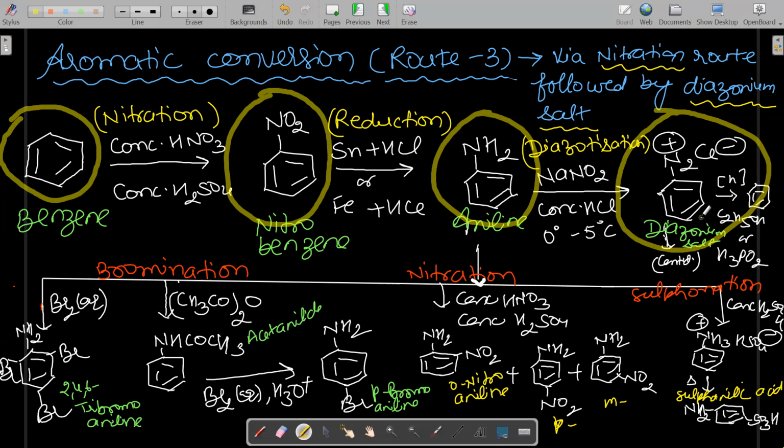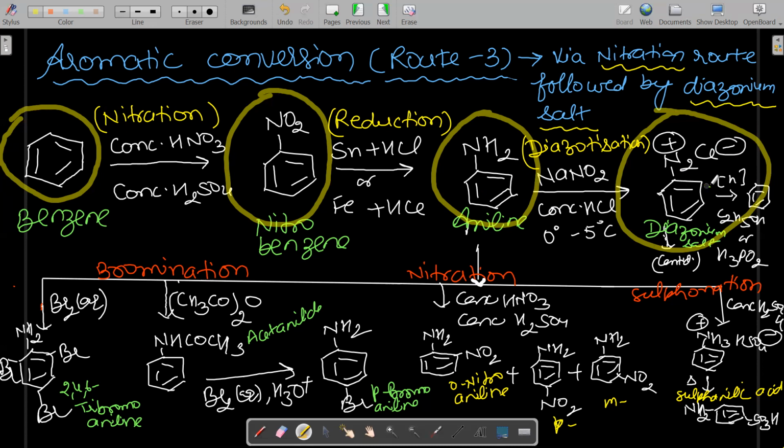And this diazonium salt is a very, very important compound. By this diazonium salt, we can obtain a number of compounds, which we'll see on the next page. Before moving to the next page, we can see some reactions by which aniline can form other types of compounds also. So aniline has two important directions.